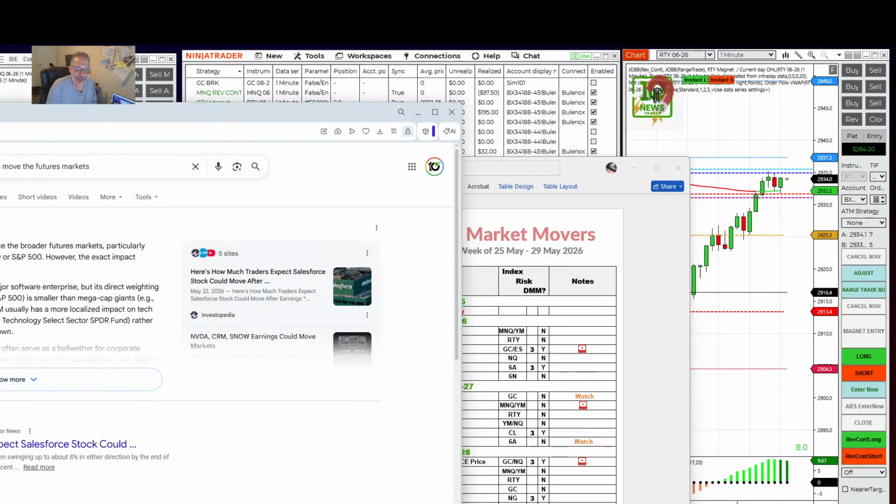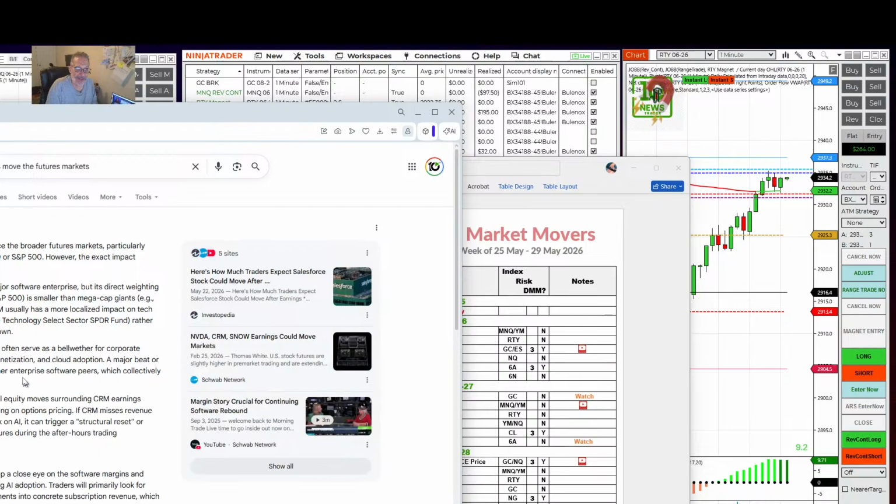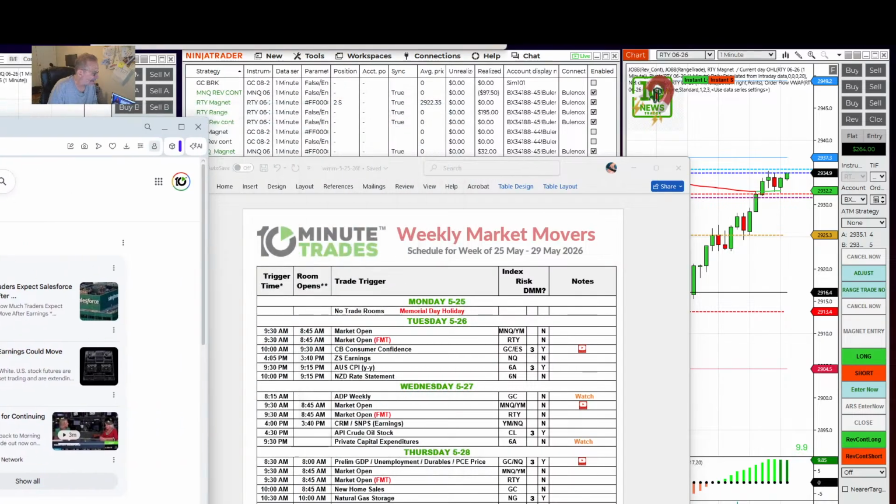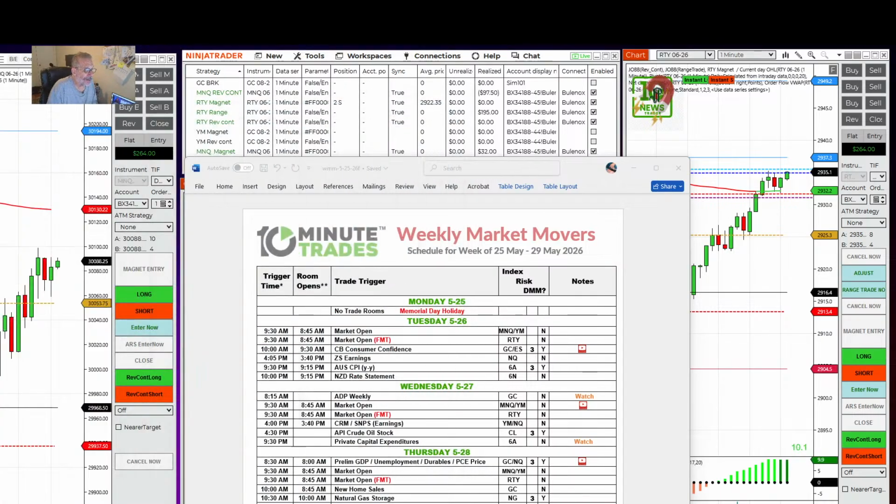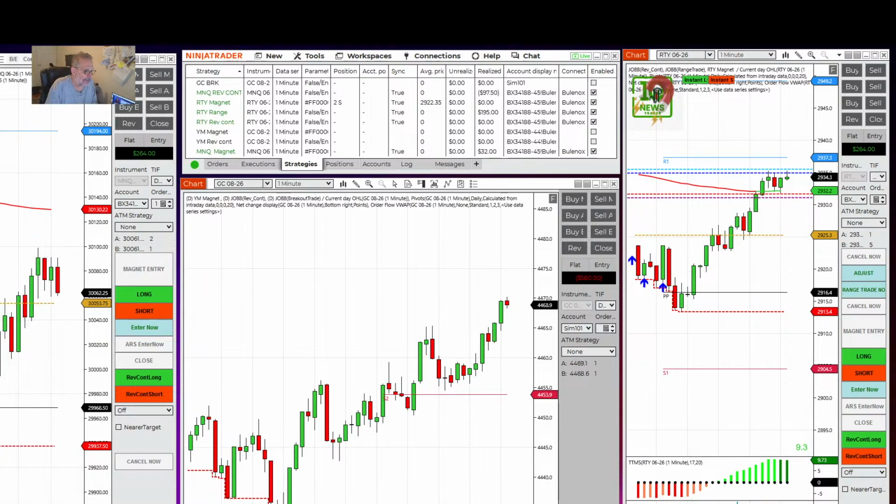And then it goes into exact factors. Now, when we did the same thing with ZS, Zscaler, whatever the heck the name is, it was the opposite. It said, no, we don't expect it to move the markets because it's just not that important. So Salesforce is different. It can. And we have traded it before, so we'll triple check our previous results, and we'll check it out.